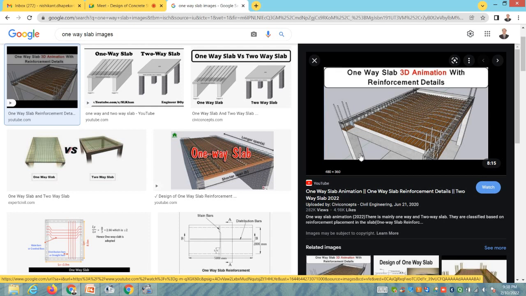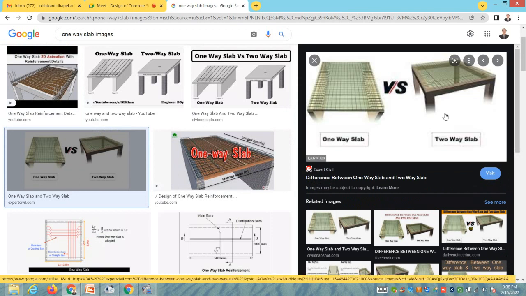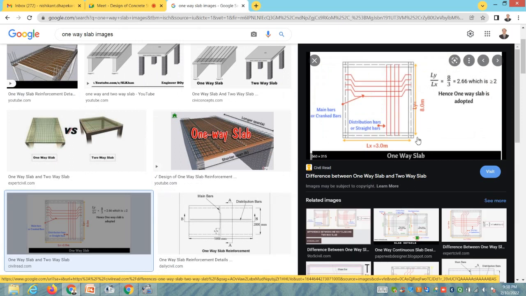See this image. In this image also, you can see here the main reinforcement is laid down along the shorter span. So in one-way slab, you see this figure, these main bars or main reinforcements are along the shorter span.